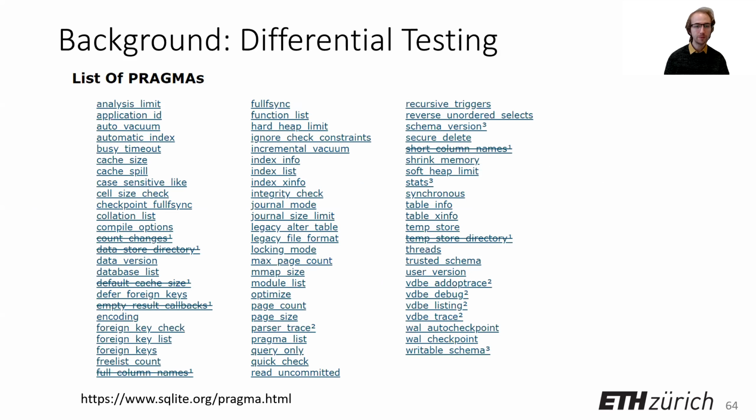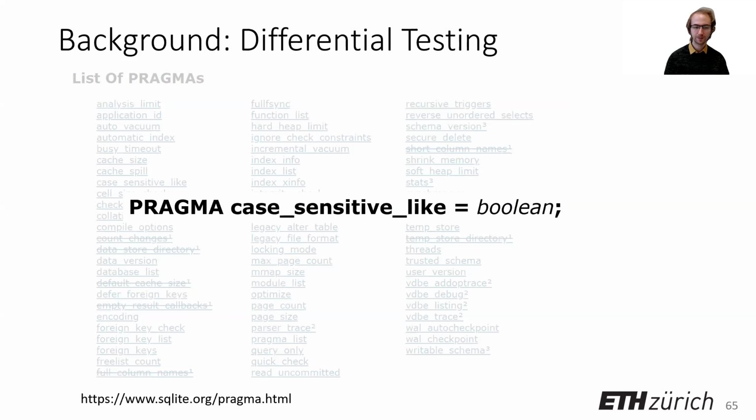If we look at the options that, for example, SQLite provides, we quickly realize that no option to disable all optimizations exists. Perhaps the most related one is the one to control whether the LIKE operator should be case sensitive or not, but this doesn't help us to find the bug.